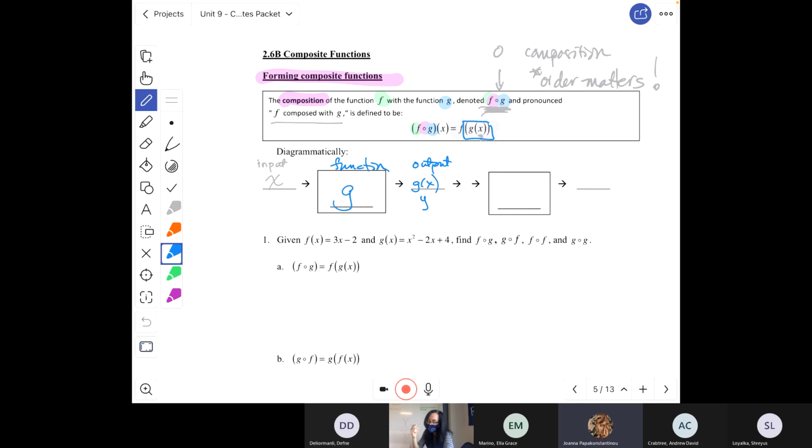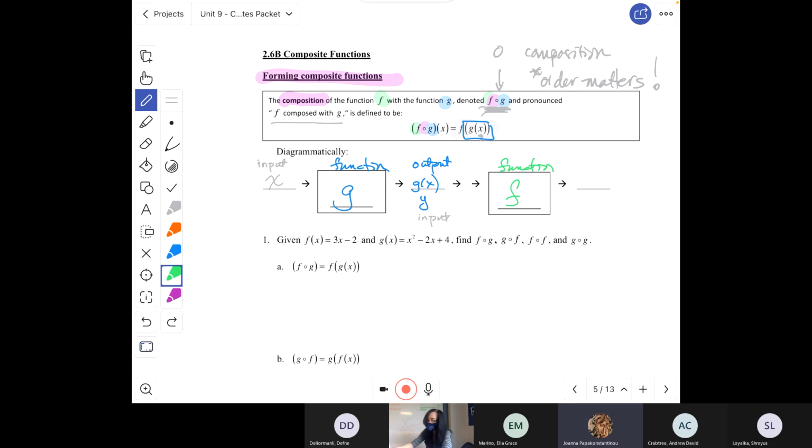That then becomes the input to my function f. This becomes my input to my function f. So the output I get from putting x into g gives me my input into f.